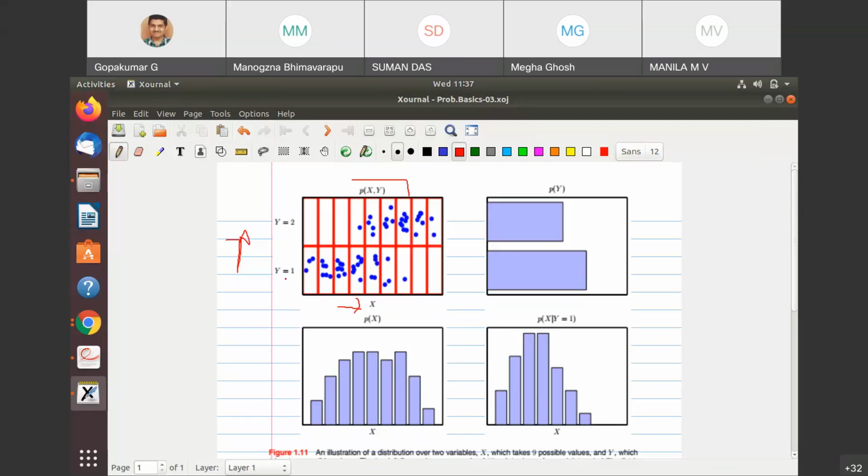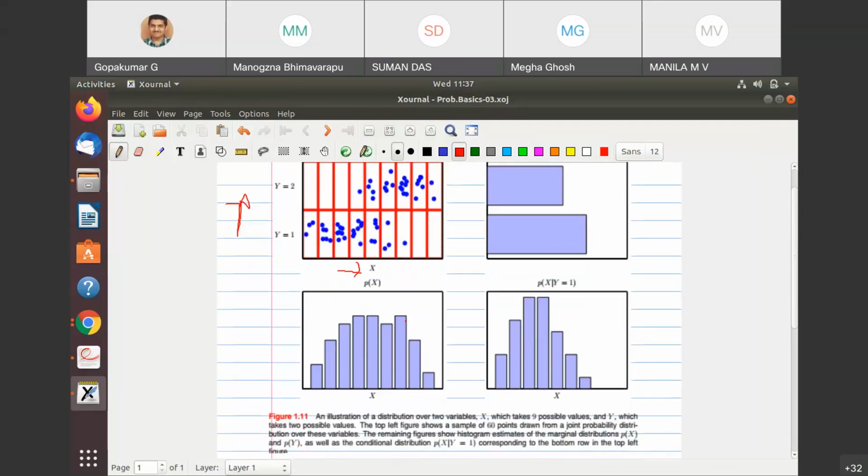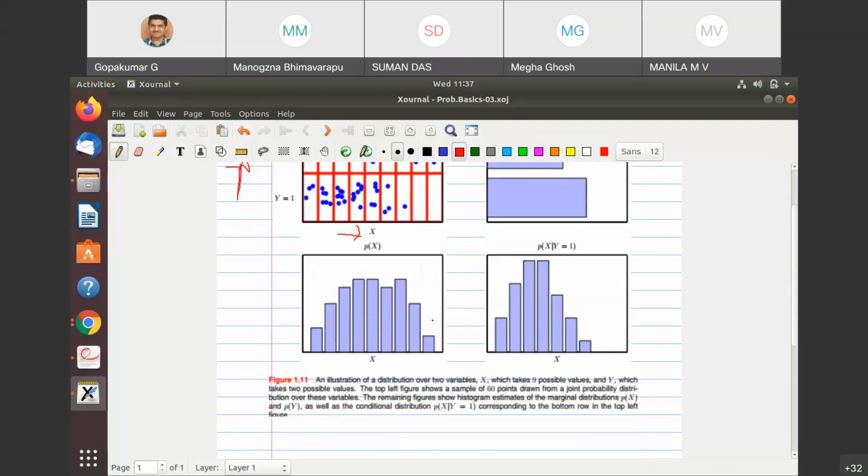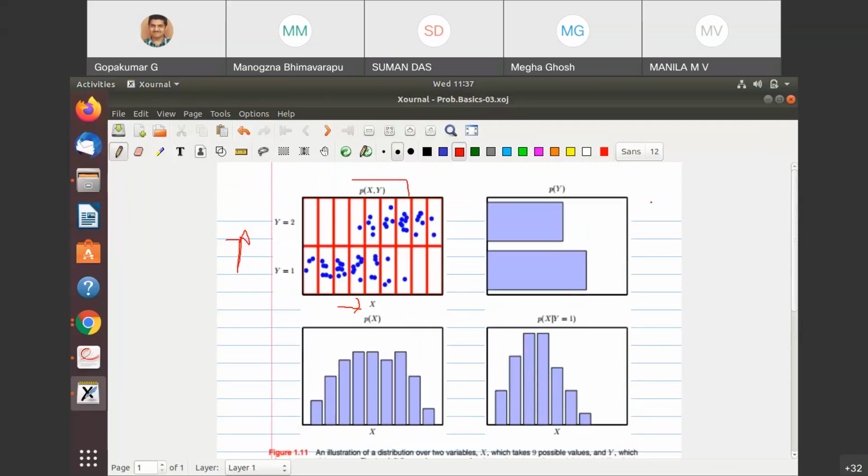So that is what the top left figure represents. It is a distribution of the two variables, that means how these values of the probabilities are lying for different values of x and for different values of y. And if you look into the top right diagram, that represents the distribution of probability of y alone.